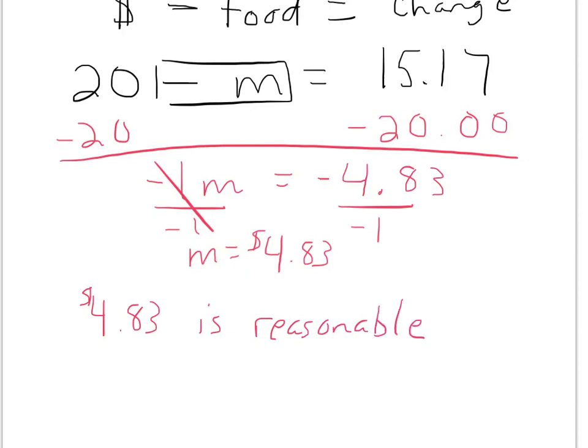Let's pretend for a second that Alberto went with $20 and somehow for my answer I got that he spent $24. That's not even possible, is it? He can't spend more money than he has. So I'm just going to say it's reasonable because he spent less money than he started with.